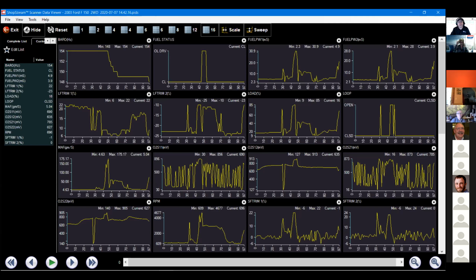As I look at this value, the first thing I want you to notice is that if you just look at the current value, it's the simplest way to break through all this data. I am adding 22% long-term fuel trim on bank 1. I am taking away 23% long-term fuel trim on bank 2. I have what I refer to as opposite fuel trends, bank versus bank.